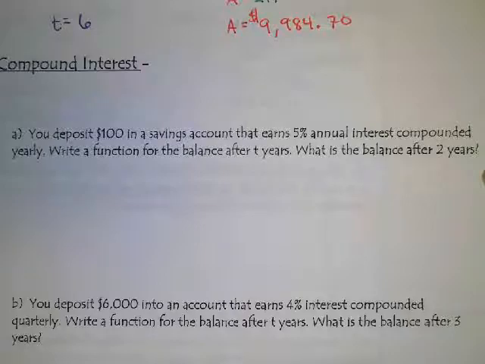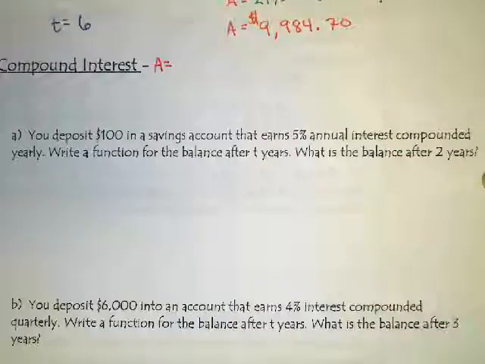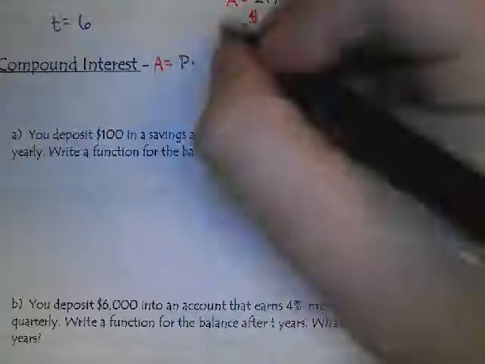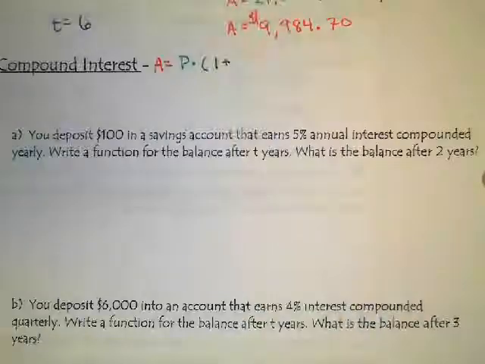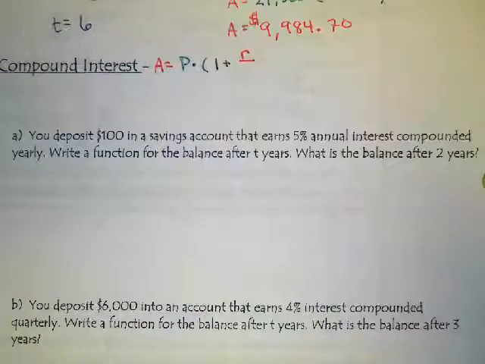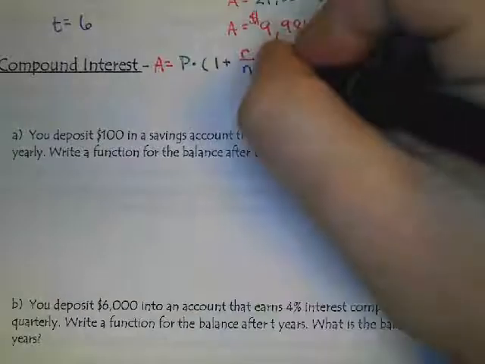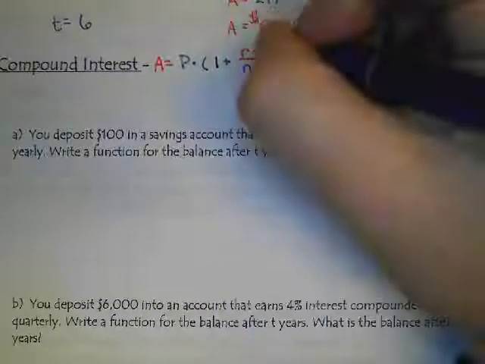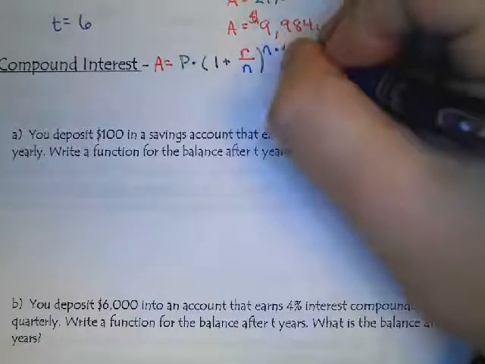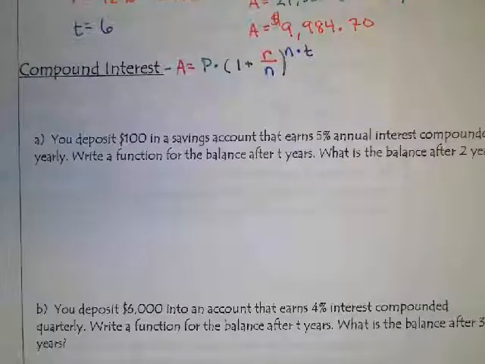So we'll use the same equation where we have A equals P times, here's my parentheses, 1 plus, and this is where it gets new, we have R divided by N, raised to the N times T. So the only thing new we're introducing into this is the N part.